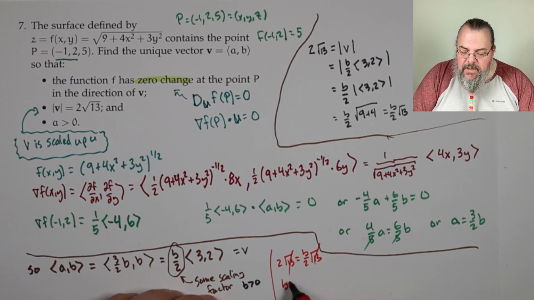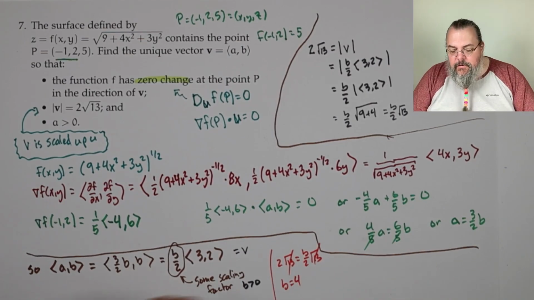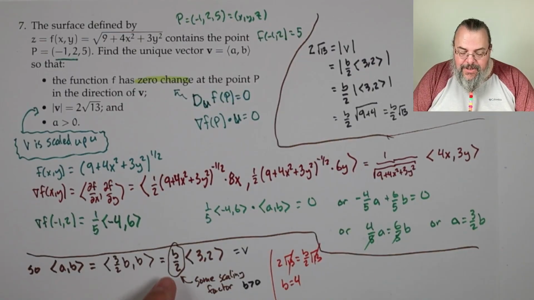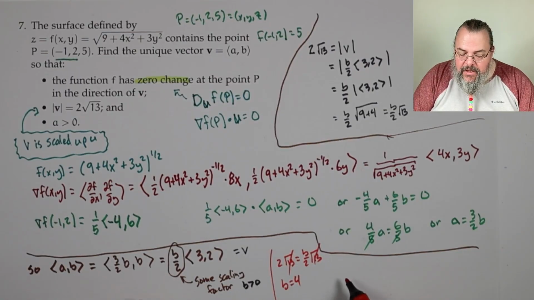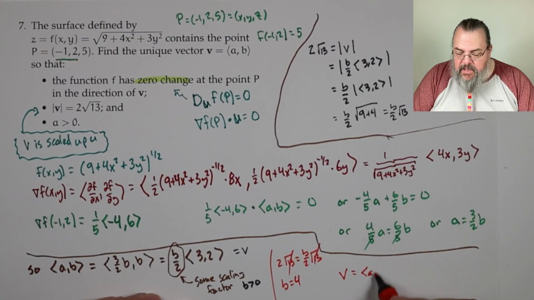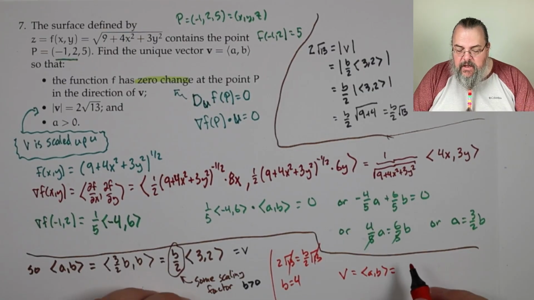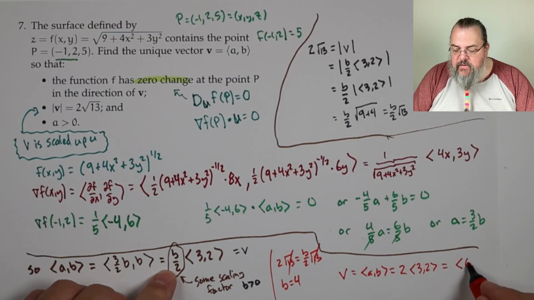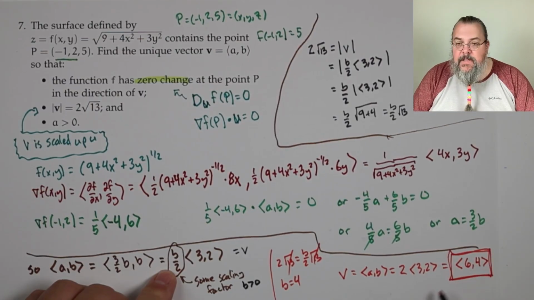Move that across, we need b equals 4, or really b over 2 equals 2. So we put that back in. And so we say, okay, so v, which is our (a, b), has to look like 2 times (3, 2), or it's (6, 4). All right.